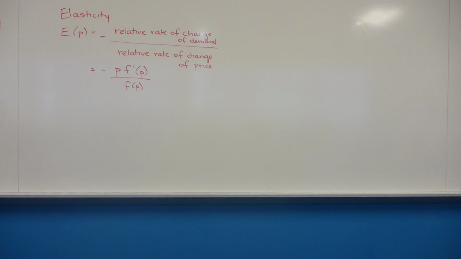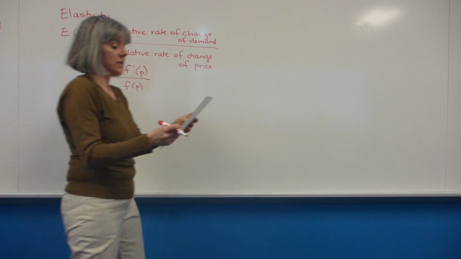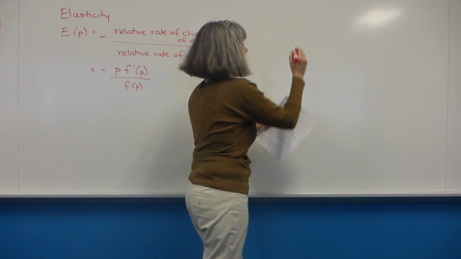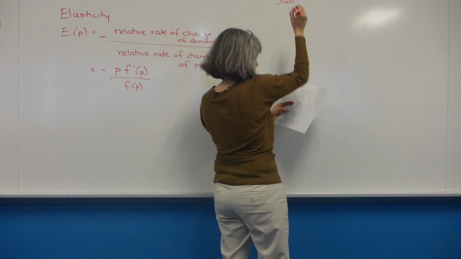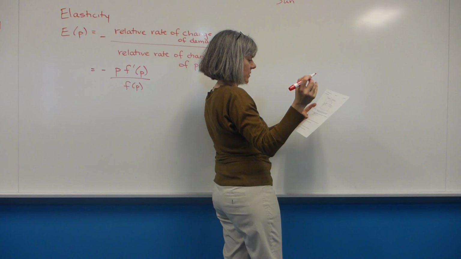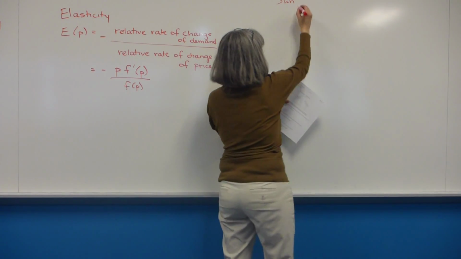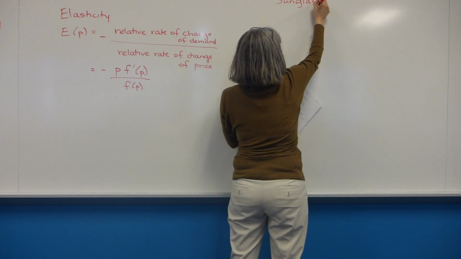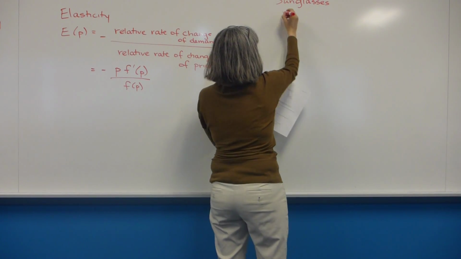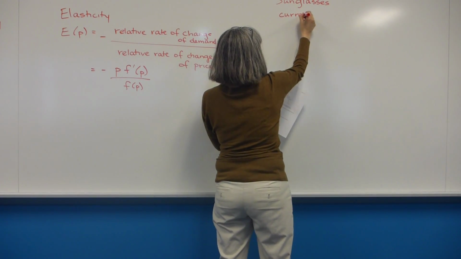Okay, so here's one. Manufacturer of sunglasses currently sells one type for $21. We have sunglasses. This is from the textbook, I didn't write down the page number. All right, so sunglasses, current price, $21.